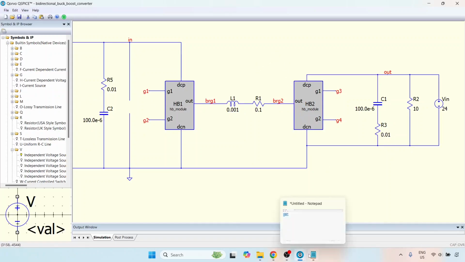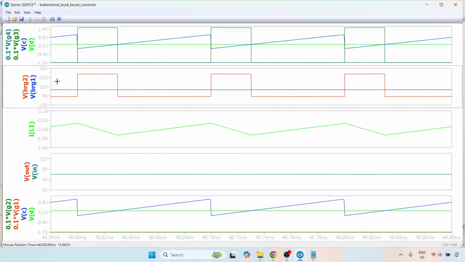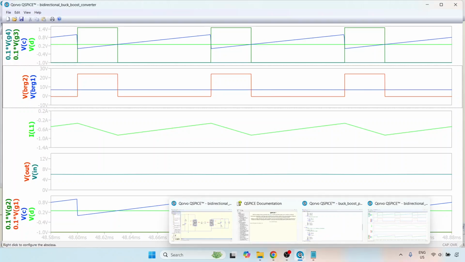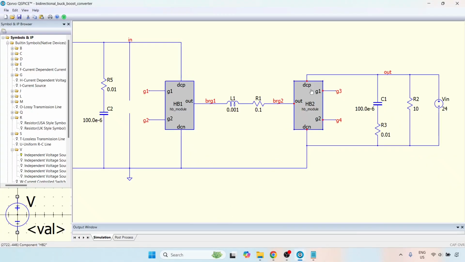So if you take a look here, you will see that BRG2 is a switched waveform. Because when the MOSFET M3 conducts, then BRG2 is connected to the output voltage. And when M3 stops conducting, then diode D4 will conduct and BRG2 is now connected to the ground.